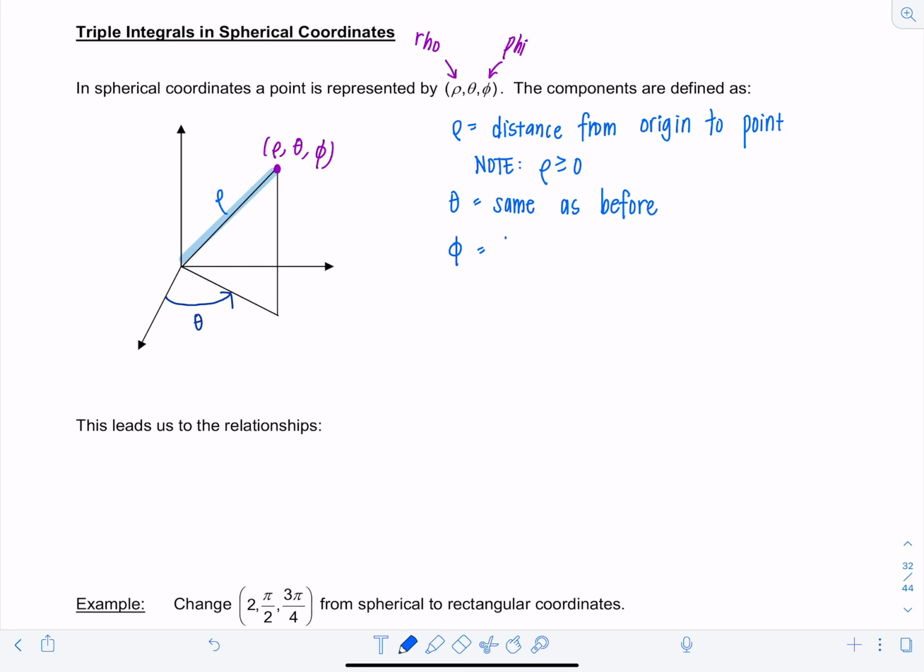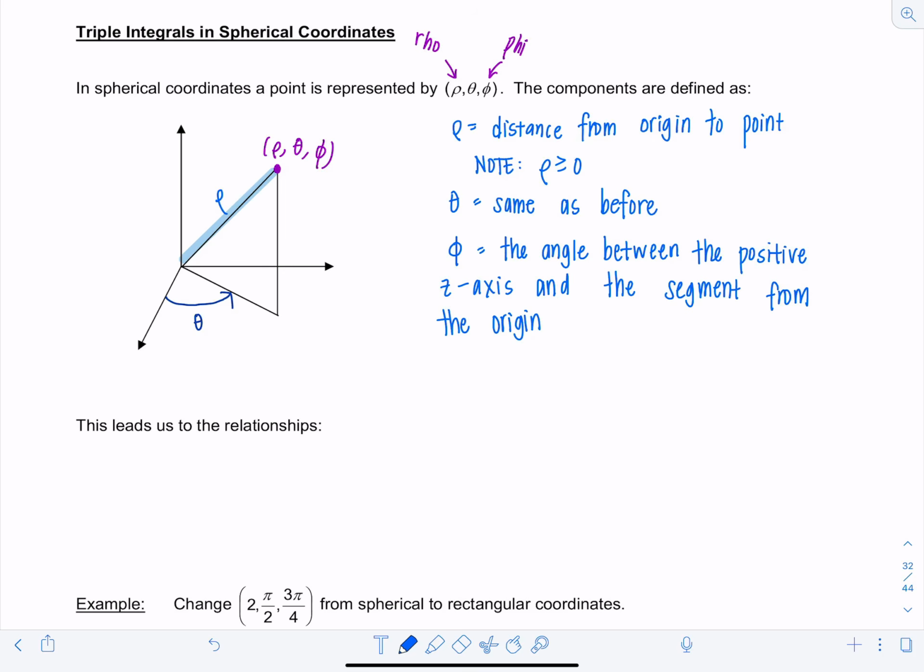So phi is the angle that's between the positive z-axis and the segment from the origin to the point.